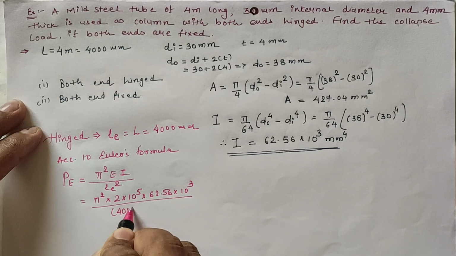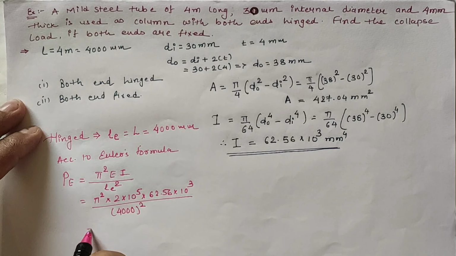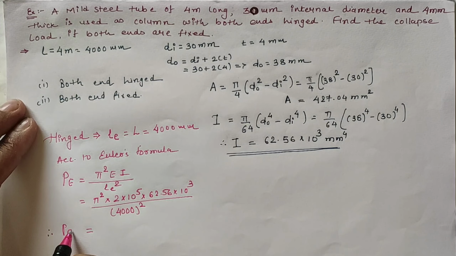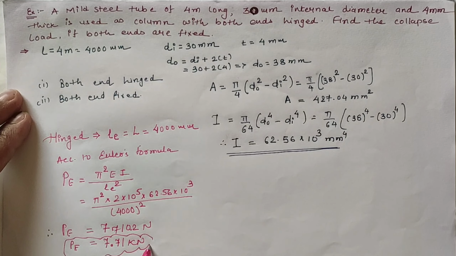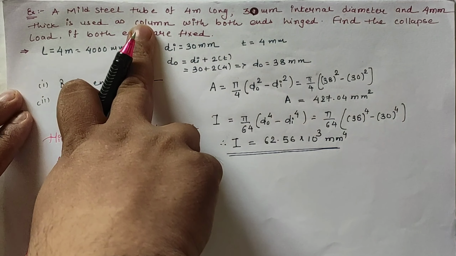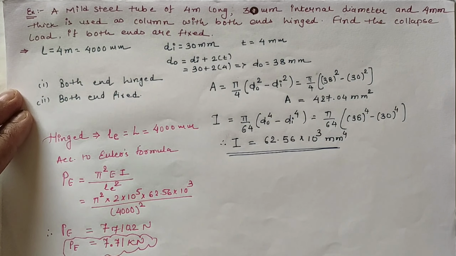Calculating this term we have Euler's load as 7710.2 Newton, and converting it into kilonewton we have 7.71 kilonewton. So if both ends are hinged, then the collapse load of the given tube section is 7.71 kilonewton.